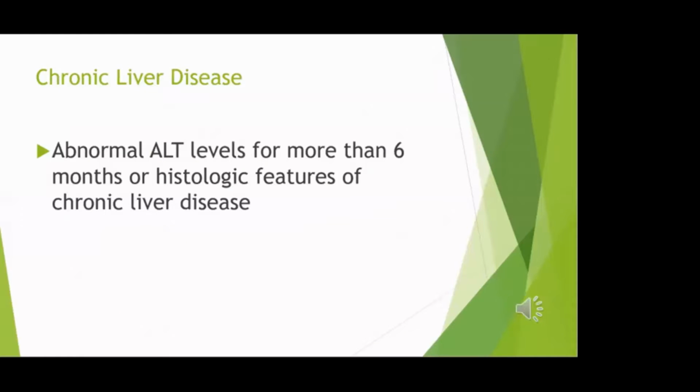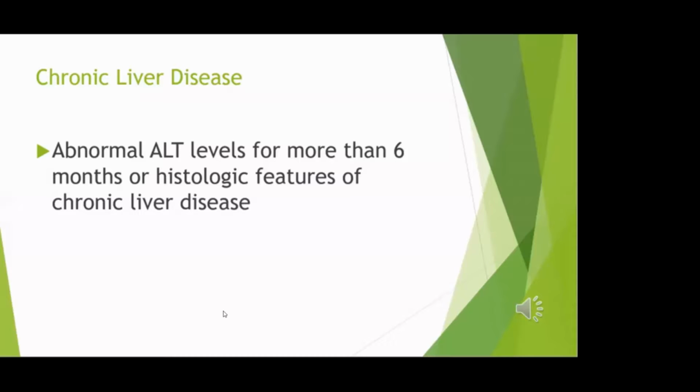Okay, for chronic liver disease, the abnormal transaminase or ALT levels have been present for more than 6 months, or there are histologic features of chronic liver disease. It would usually present with a hepatocellular pattern with elevated transaminases, 1 to 4 times the upper limit of normal.